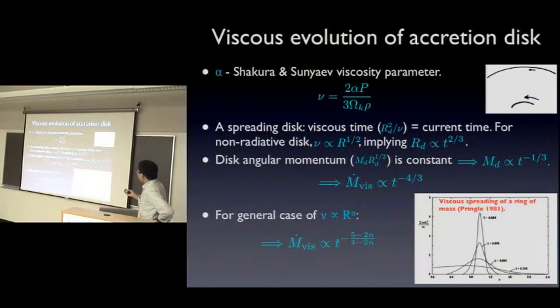So if that power-law index is 1/2, you find the viscous spreading accretion rate should decay as t to the minus 4/3, which is shallower or slower than the fallback rate of decay. For a more general case, if you don't know the value of the power-law index in the viscosity dependence on radius, you can still infer the temporal power-law of the viscous spreading accretion rate.